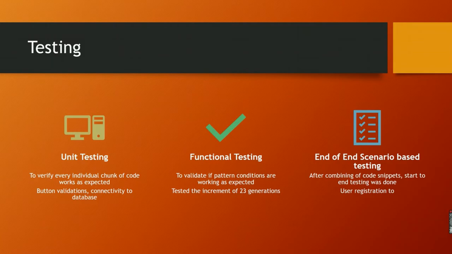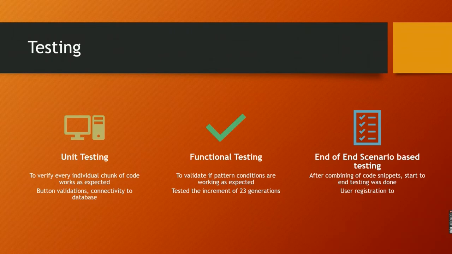So with respect to the testing, for instance, for button validations, to see if the button is being displayed as we expected, and connectivity to the database, we've tried taking them individually and checking if they were giving us the desired output.